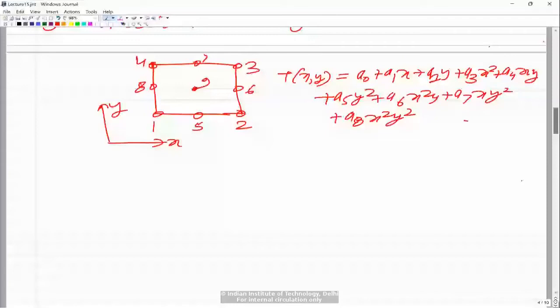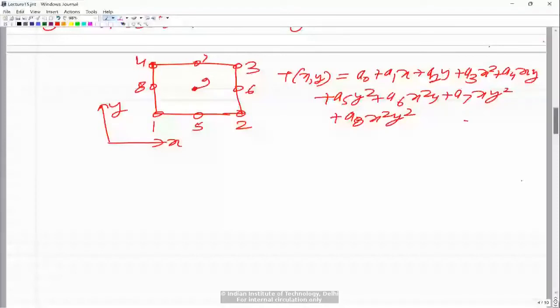But if I take an arbitrary quadrilateral, not a rectangle, and formulate it in physical coordinate space, it will not satisfy inter-element compatibility across the common boundaries. For that reason we go for the natural coordinate formulation.